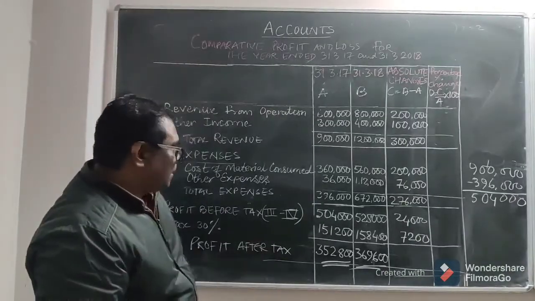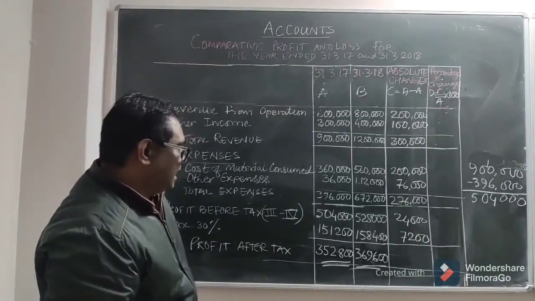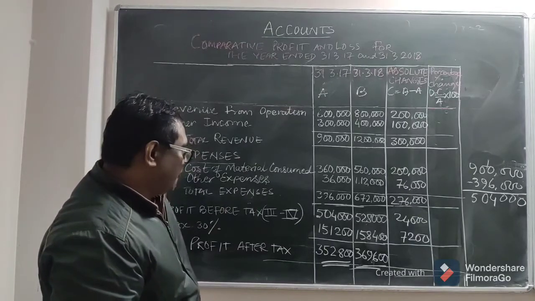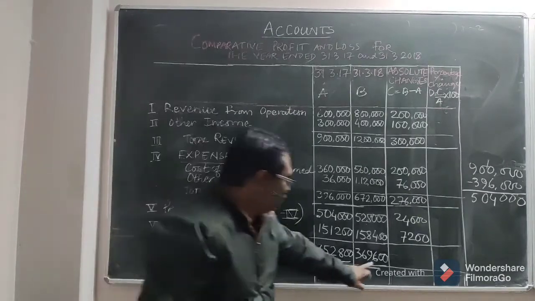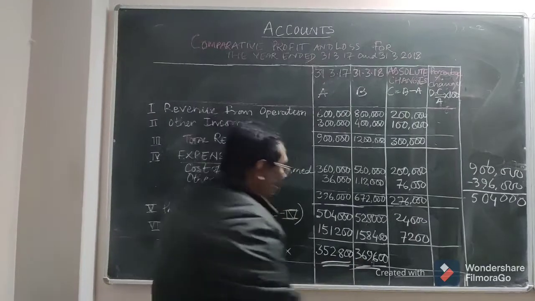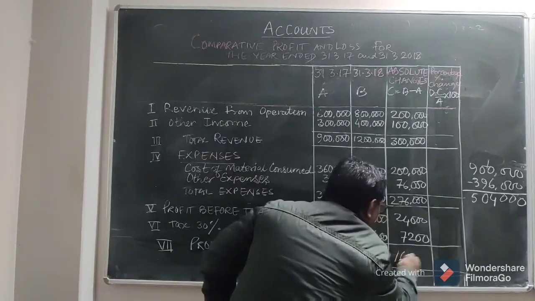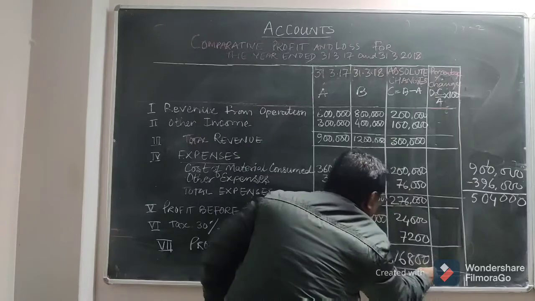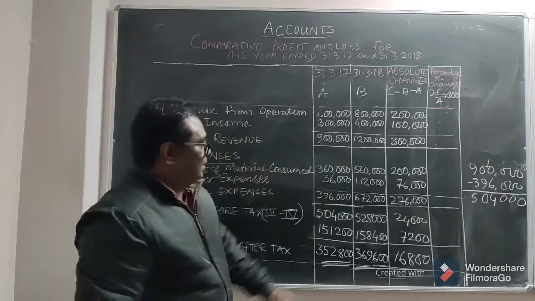And 3,69,600 minus 3,52,800 gives 16,800. So this is column C.